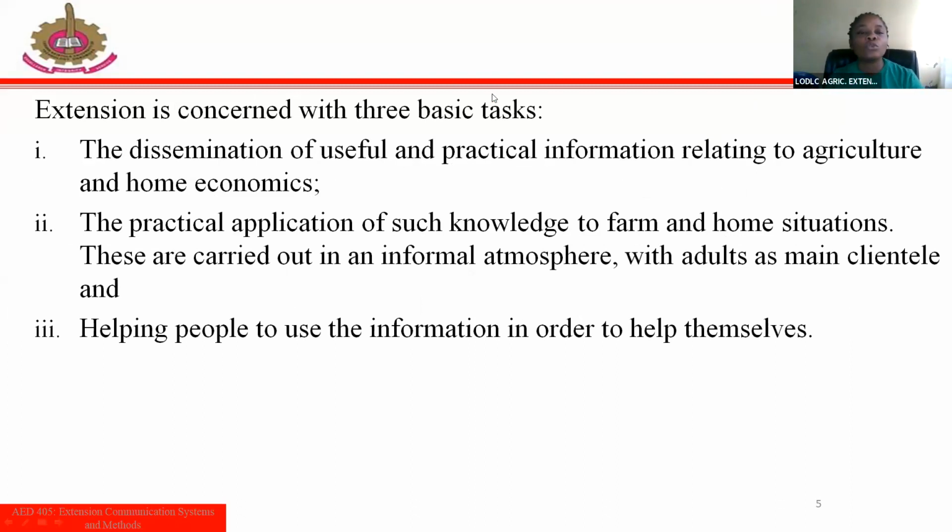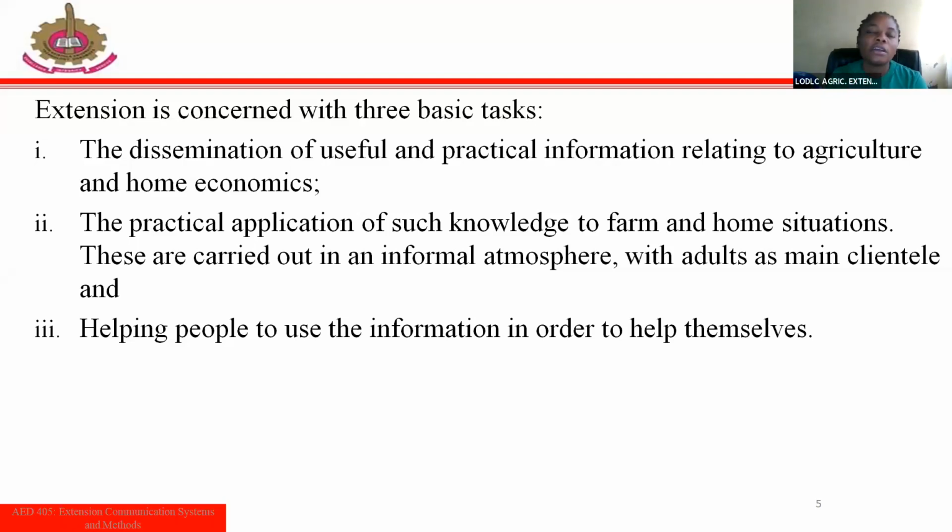So let's move on to the basic task. The basic task of extension. Extension is concerned with 3 major basic tasks. I believe you are with me. So the first one is the dissemination of useful and practical information relating to agriculture and home economics.